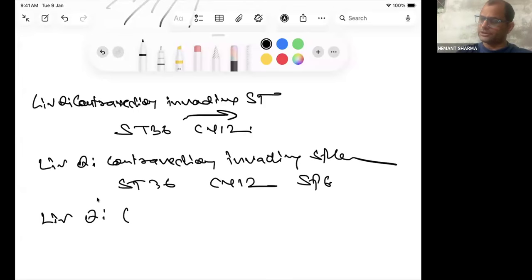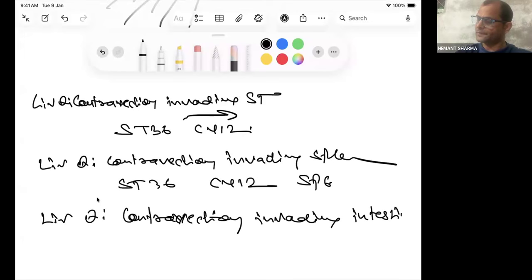When liver chi contravention invading intestine, जब लिवर chi contravention जब intestine को invade करेगा, so we can add stomach 37.